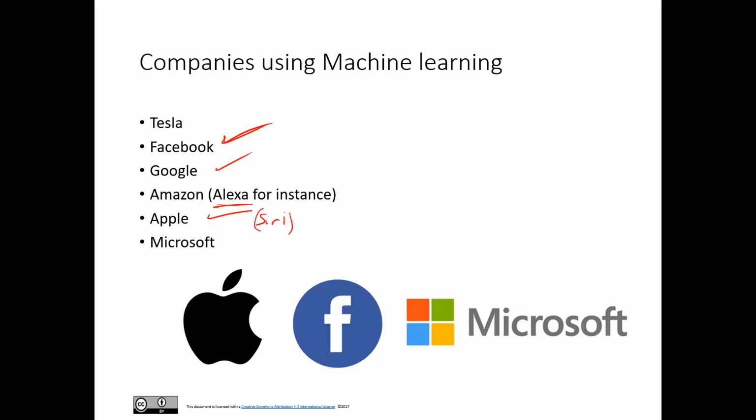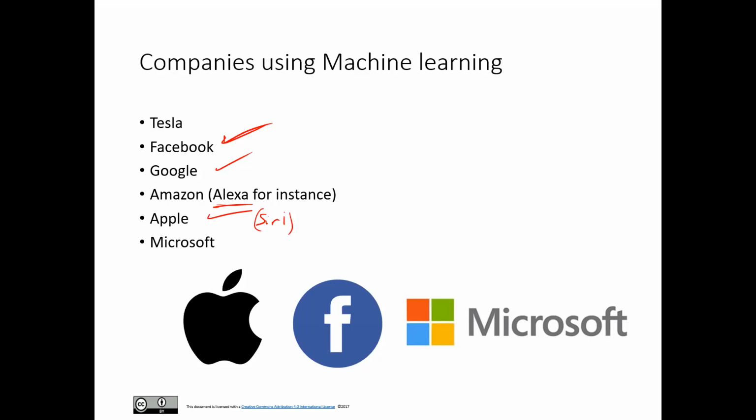Imagine now thousands and thousands of people all over the world doing that. They're all providing samples of audio and text to train Alexa. So that's a very good example of machine learning being used for Alexa.